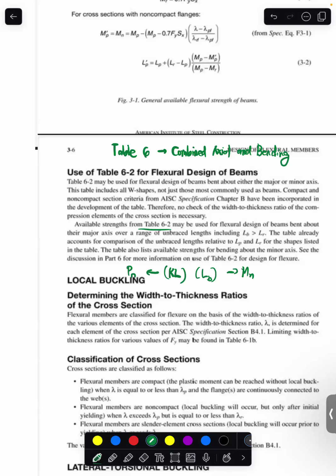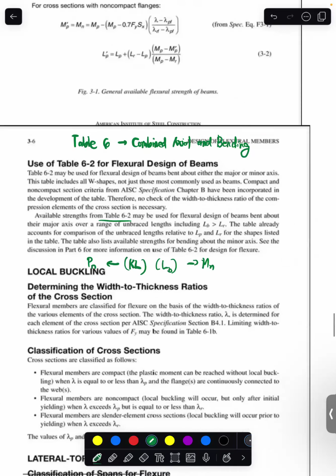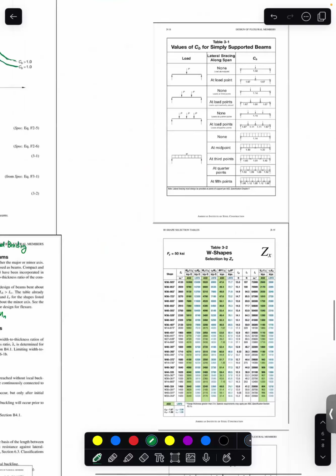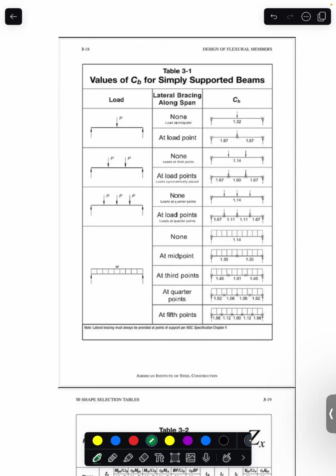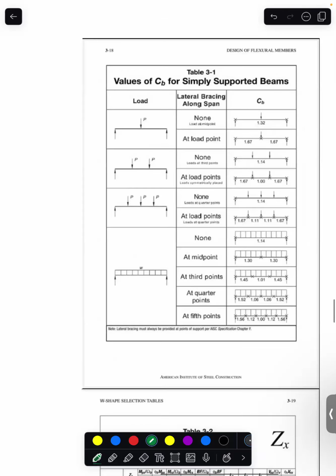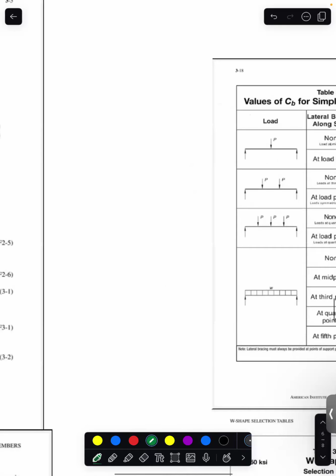Try muna natin, other than 6-2, paano tayo makakuha ng preliminary na cross-section? We must be wary of, again, C sub B. Kung alam natin yung loading, may makukuha tayong C sub B, we have to be very mindful na kung ano yung target mo na capacity, kung titignan mo na siya sa mga table, i-divide mo siya by C sub B. So halimbawa, meron kang solve na C sub B, tapos meron kang M sub U right here.